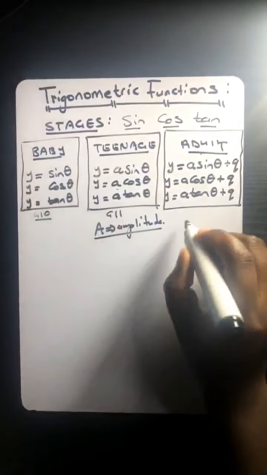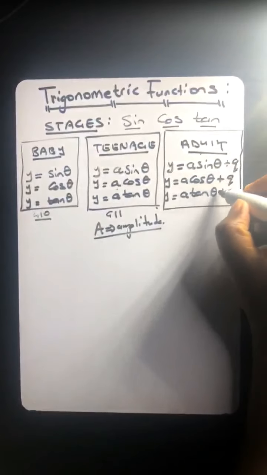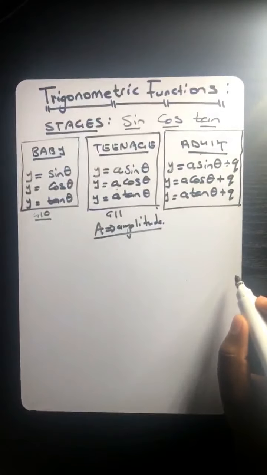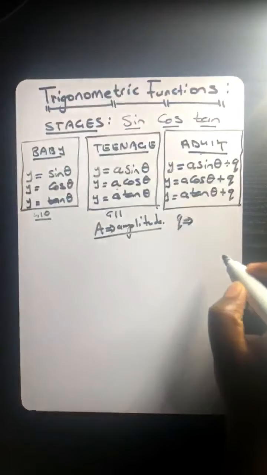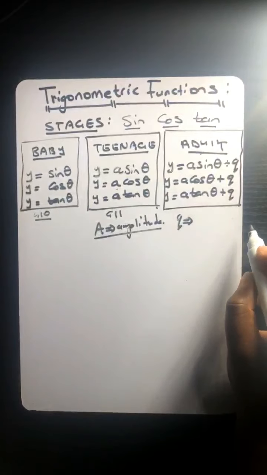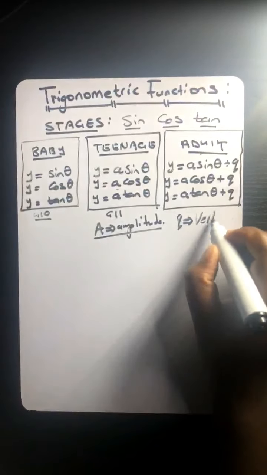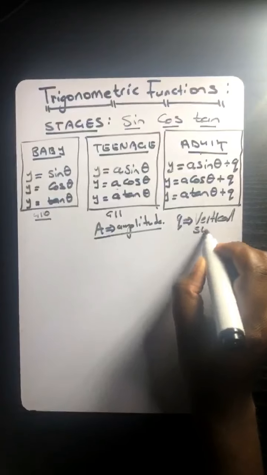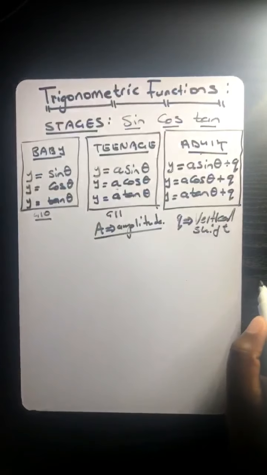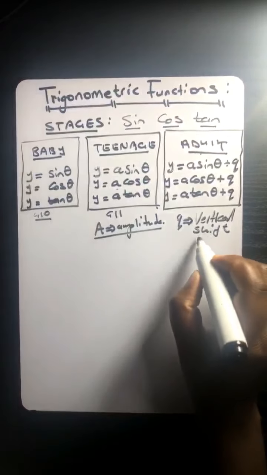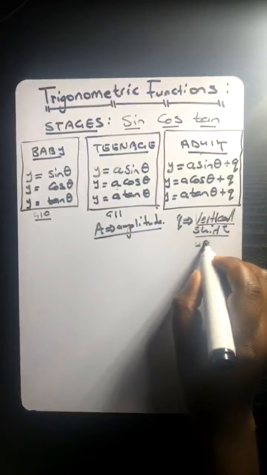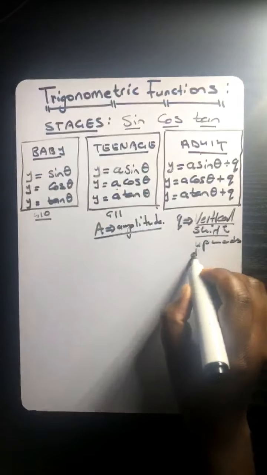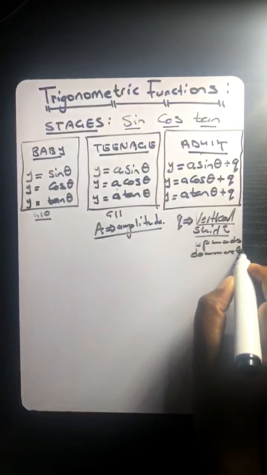Now let's discuss the impact of that q value on our trig function. The q value doesn't do much other than influence the vertical shift. When we talk about a vertical shift, something shifts upwards or downwards.